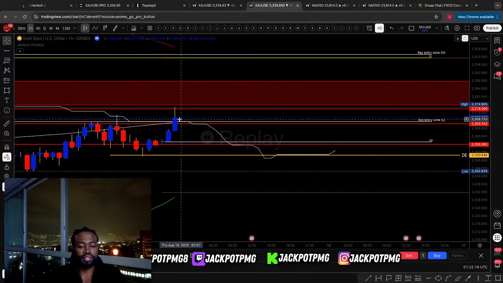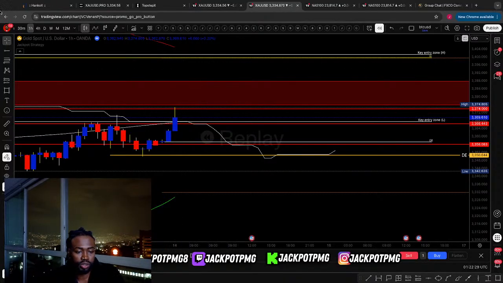Now, personally, price was above key zone low, and I rushed the play. Yes, that's another reason why I lost some bread yesterday too. I rushed the play on this buy before the line actually became solid.